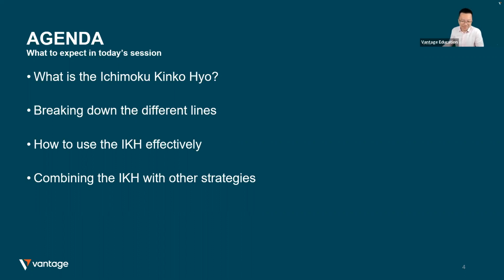Let's shorten it and call it the Ichimoku indicator. How to use it effectively, and then combining it with other strategies or other analysis, so that you get a more wholesome, more complete view to help with your analysis.